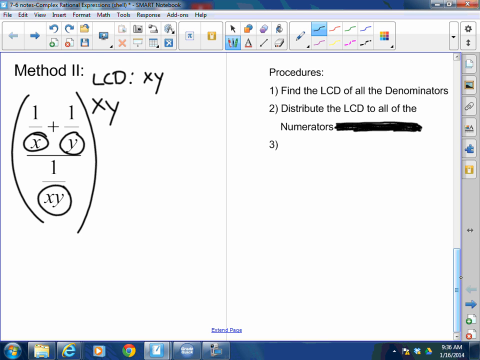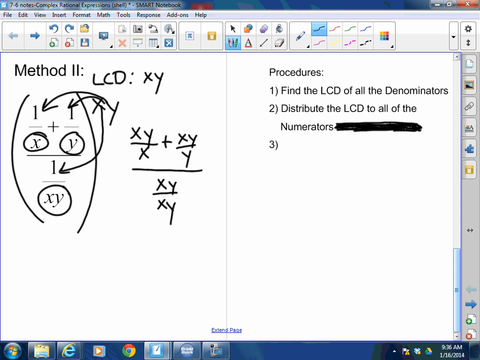So I'm going to multiply everything to every single numerator. So this is going to give me xy over x, plus xy over y, over xy over xy, correct?